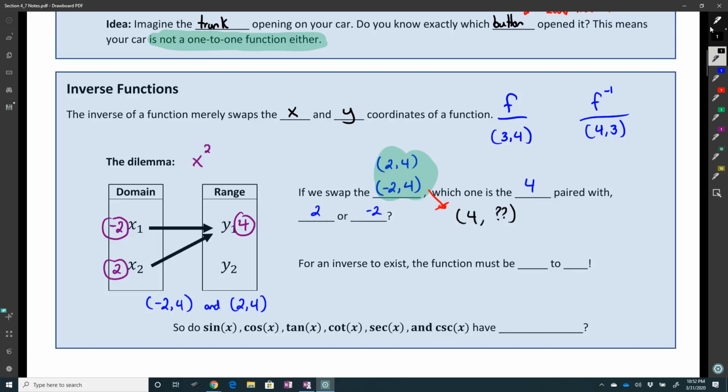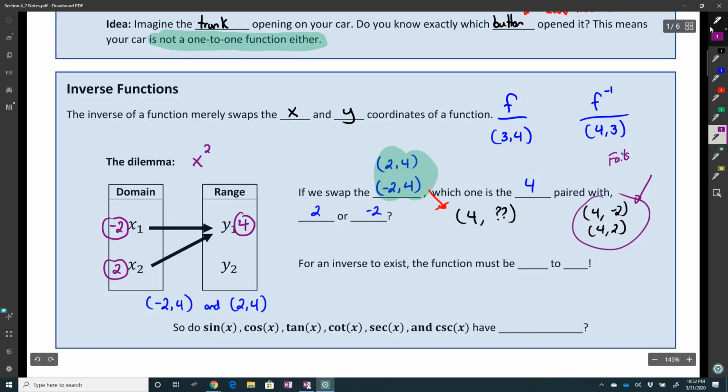I can't do both. I can't say 4, negative 2, and 4, 2, because this is a vertical line, and that doesn't pass the vertical line test. Which means it's not a function.